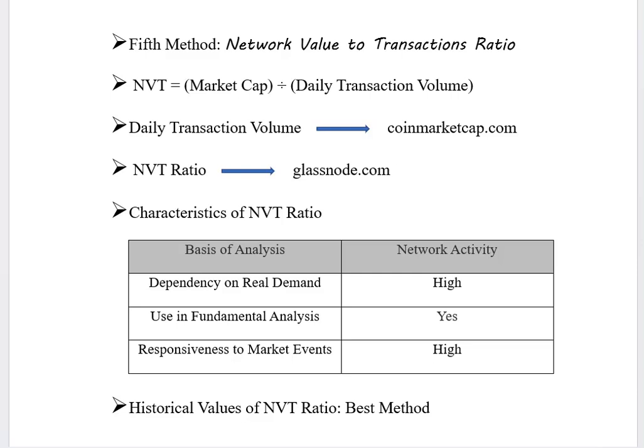For example, in the case of Bitcoin, since many investors choose to hold it long term rather than trade daily, I myself hold it long term too, the transaction volume decreases, which leads to a higher ratio.